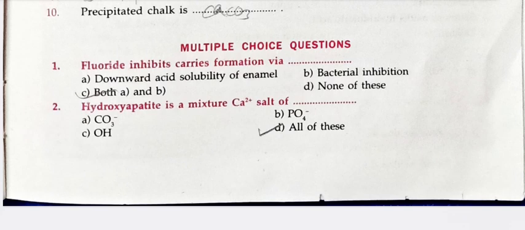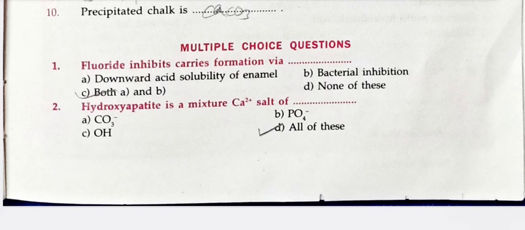That is the main reason you get sensation while taking hot tea or cold. Sodium fluoride prevents the acid solubility of enamel and also prevents demineralization. That's why sodium fluoride is most important to prevent dental caries or dental cavities.